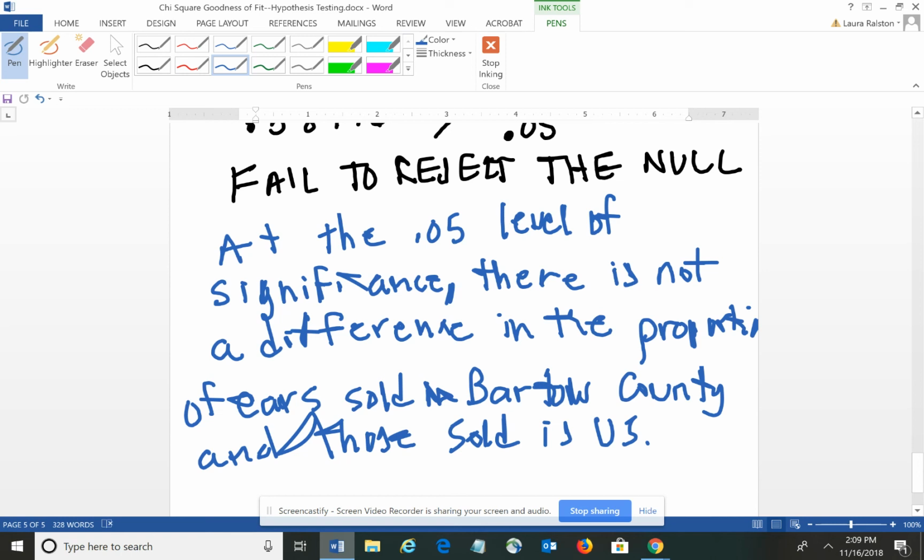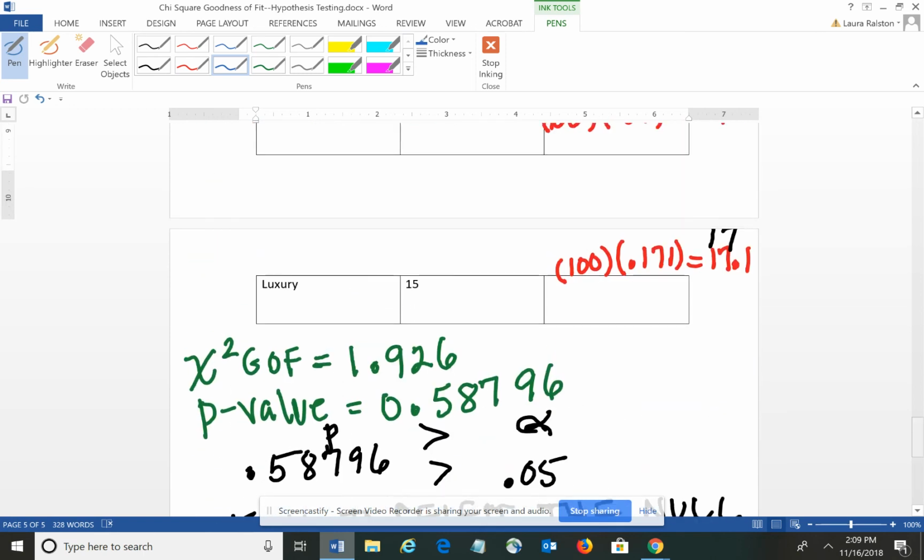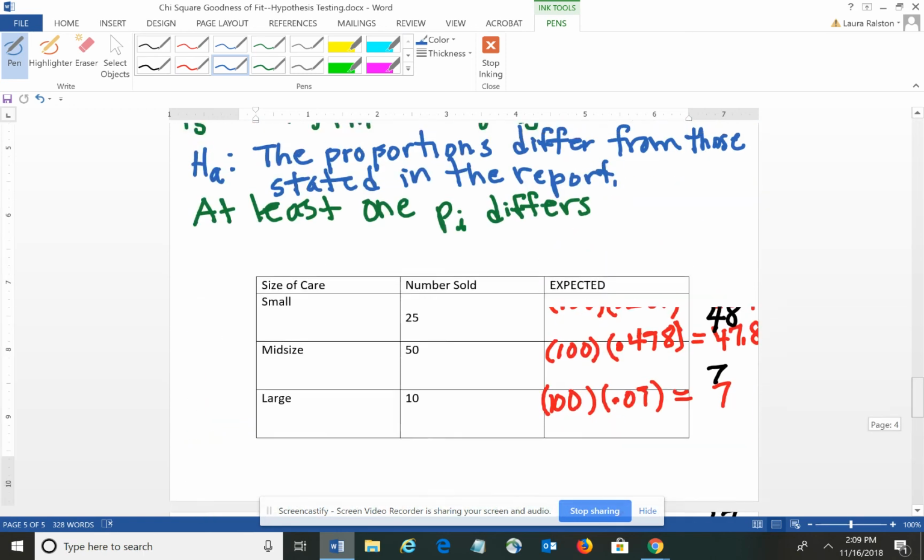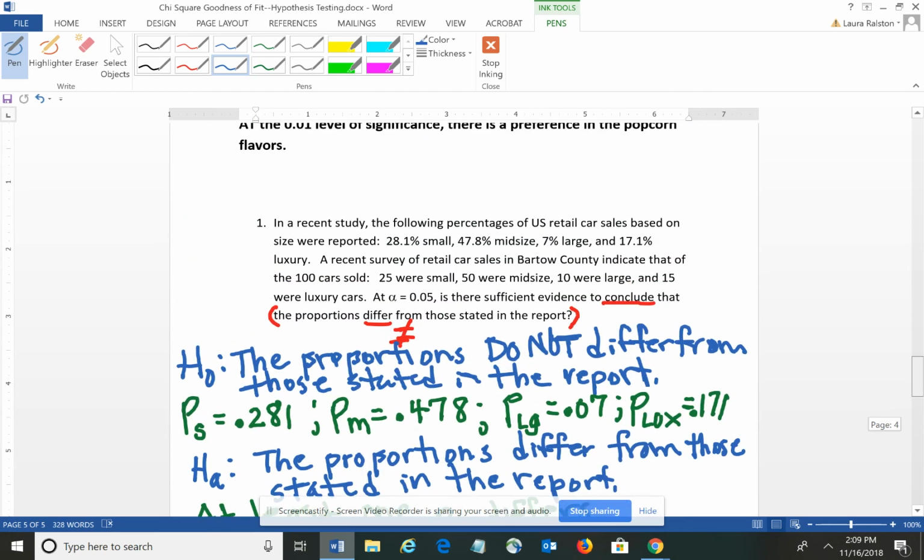You could say there is no preference. Proportions do not differ. Again, you can word it different ways, but in the end, you have basically shown that the null hypothesis could be true.